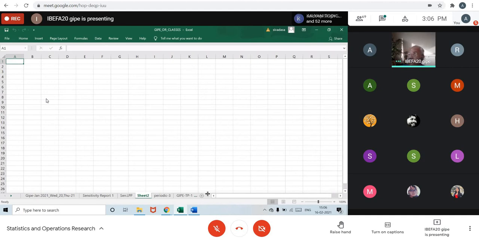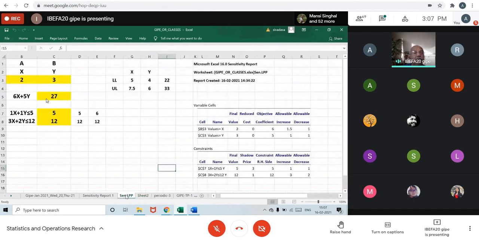Now, another interesting area is the dual LPP.